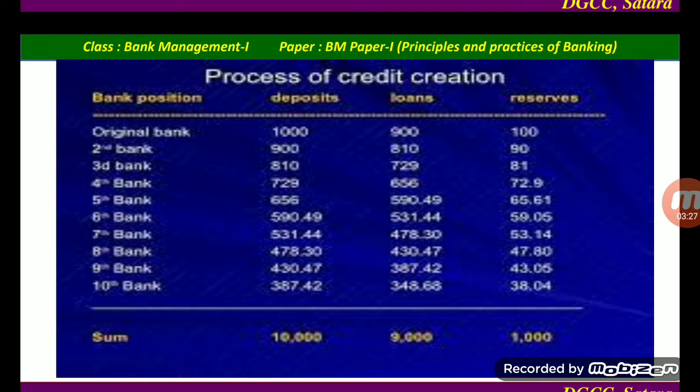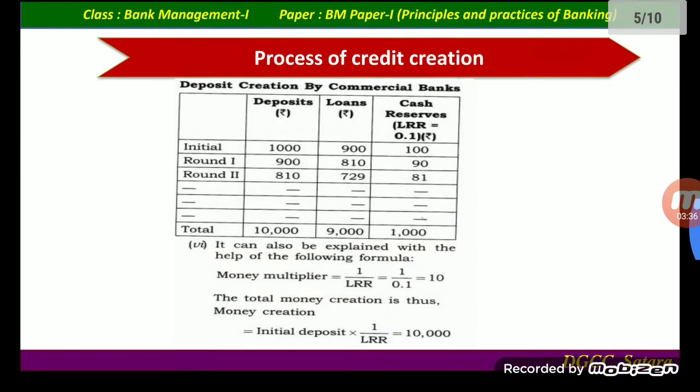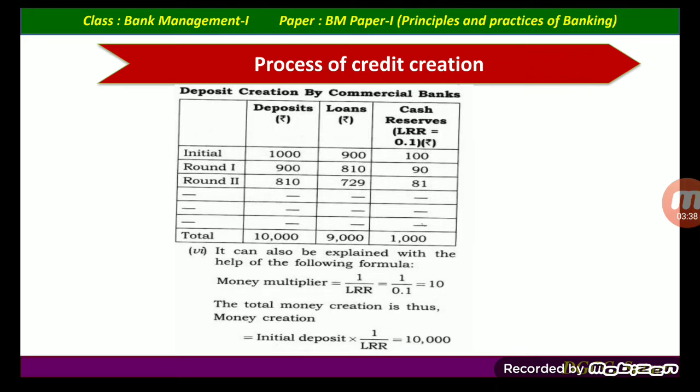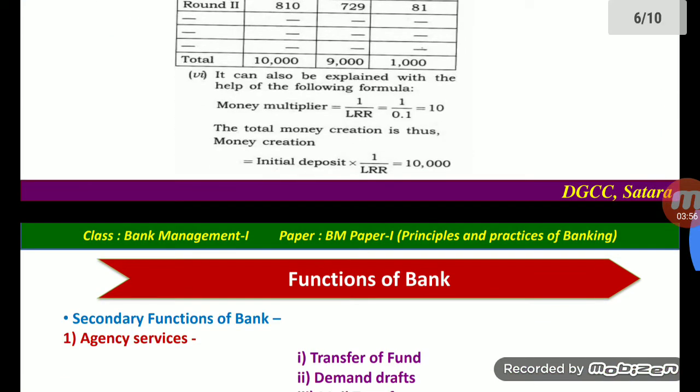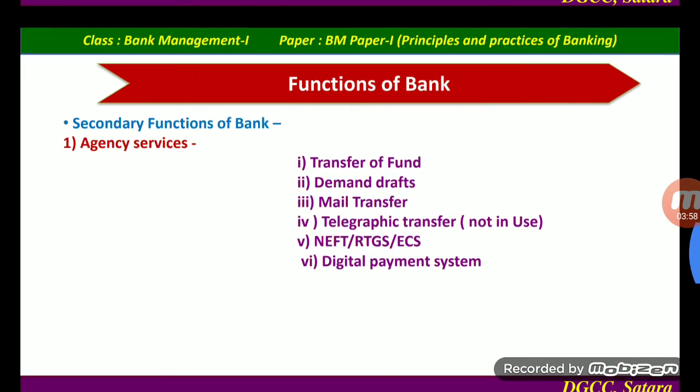So on the basis of 1000 rupees, 9000 rupees of credit is created by banks. I have also discussed this through the table. This is the table and this is the money multiplier formula on the basis of which we can calculate how much credit creation is done by banks.